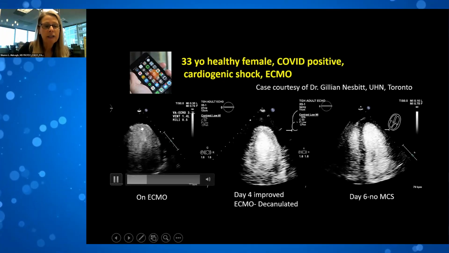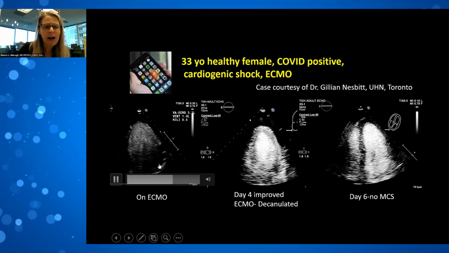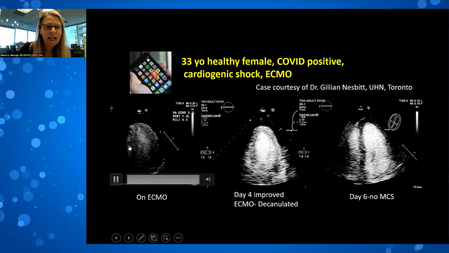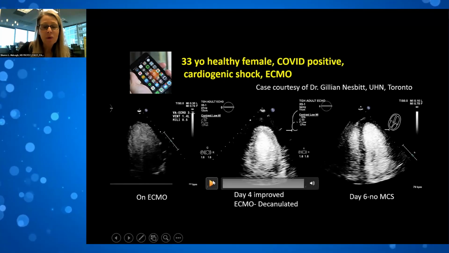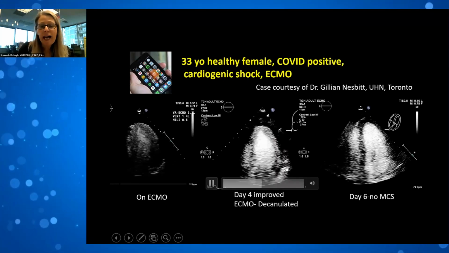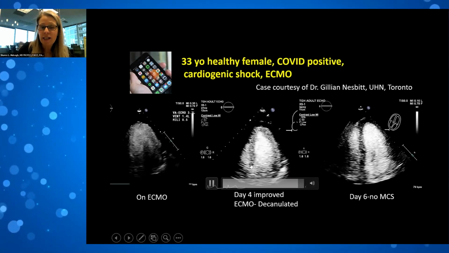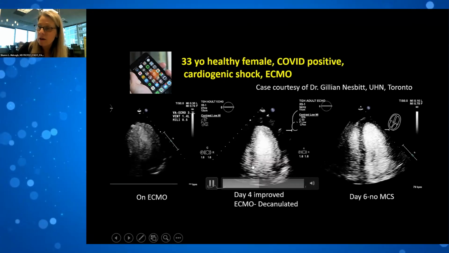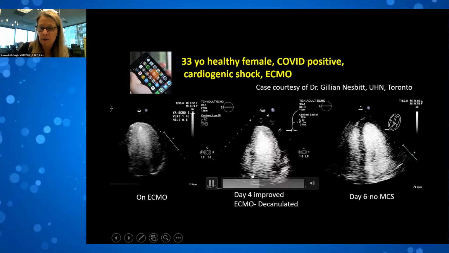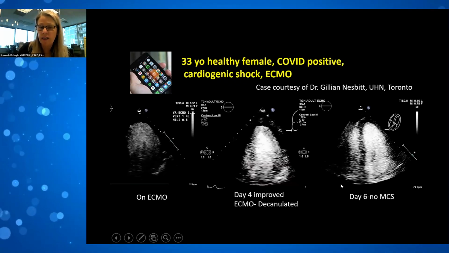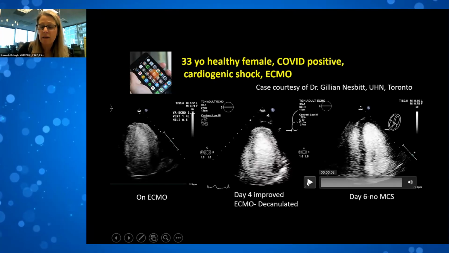And you can see here that despite her profound left ventricular systolic dysfunction, she has robust perfusion throughout her myocardium. And she was treated supportively, and amazingly, she had recovery of her function, as you can see here 4 days afterwards. So this enabled the decision to remove the ECMO catheter, or ECMO system.